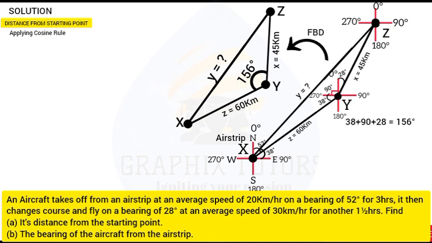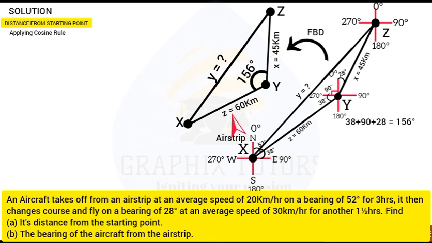When you have two sides, which is 60 and 45, and an included angle, which is 156 degree, you're going to be using cosine rule.